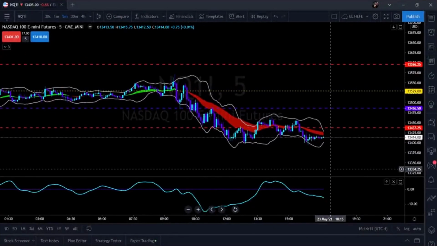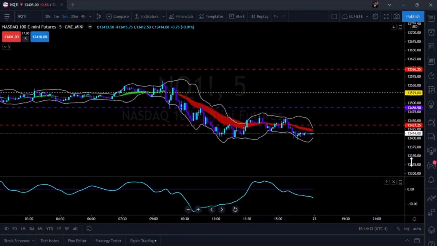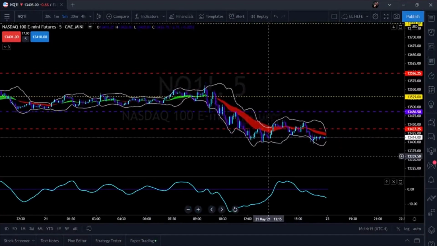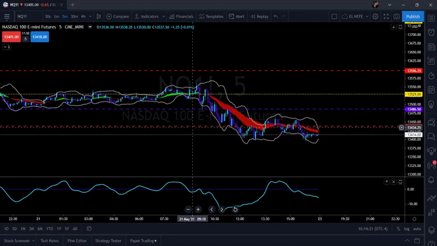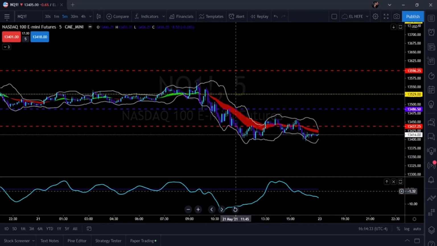That's the way I use these levels, and that's what I do every day. But don't get hung up on this 110 number, because that 110 number will change as the overall price of this NQ increases. So just a heads up on that.